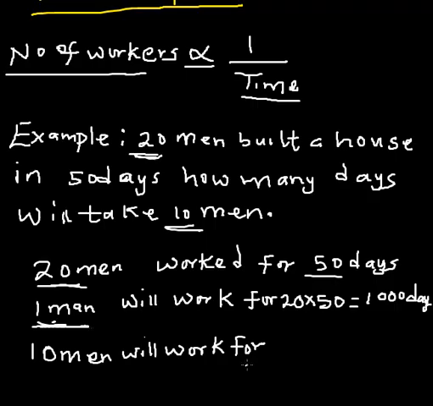So 10 men definitely are going to work for 1,000, in this case, divided by 10, because we are looking at less. So 10 men will work for 1,000 divided by 10. That's going to be 100 days.